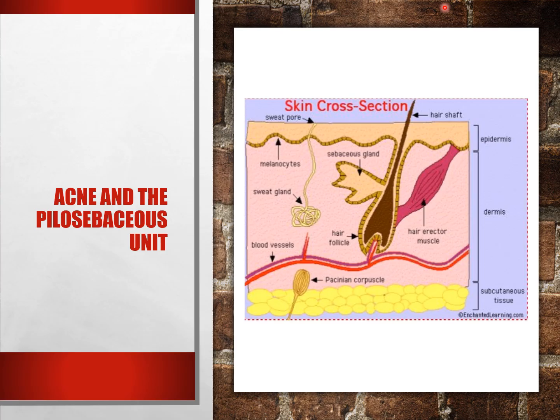But they are also present in all areas of the skin except for the soles of the feet and the palms of the hand. So those are the only places we don't have sebaceous glands. You can see here the hair shaft into the hair follicle, and then it's connected to this little sebaceous gland right off to the side. And this is where that whole thing opens up on the surface of the skin.